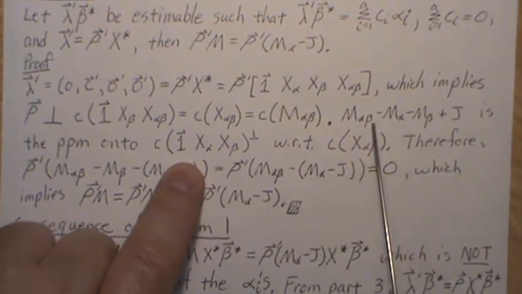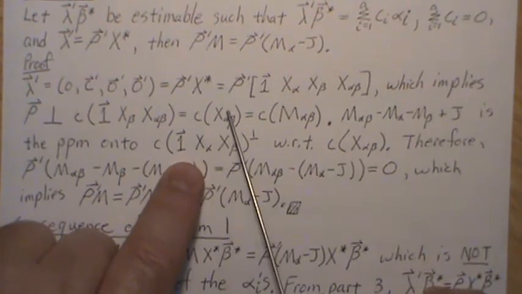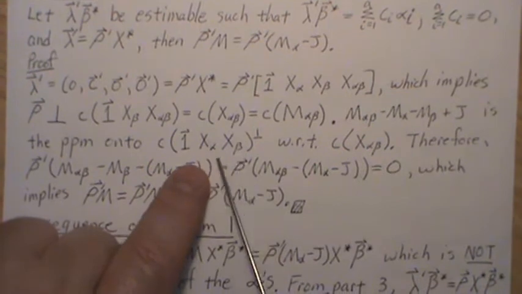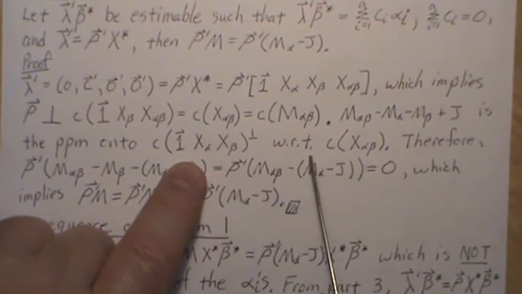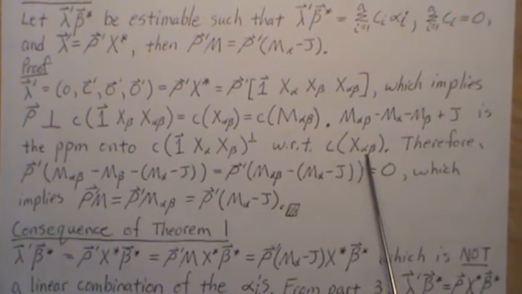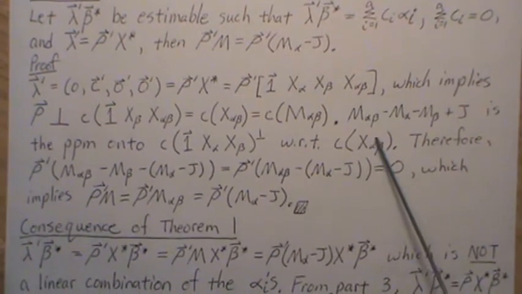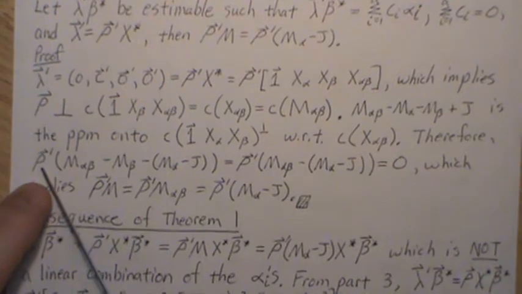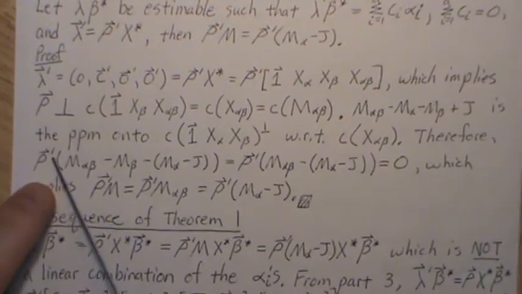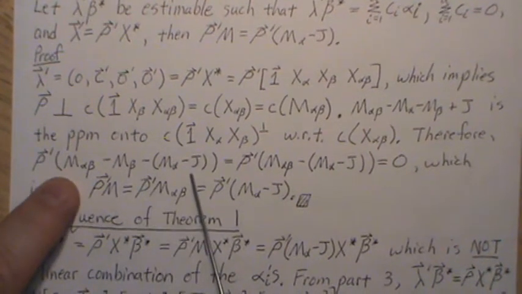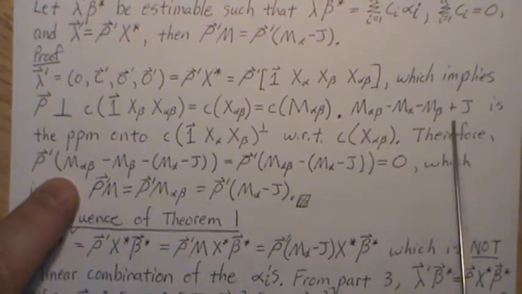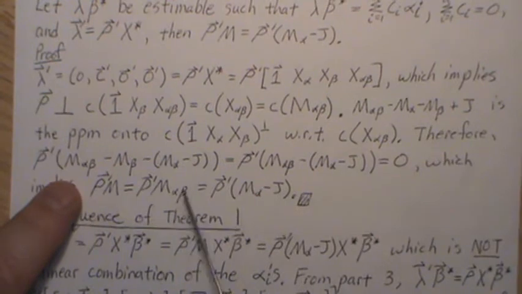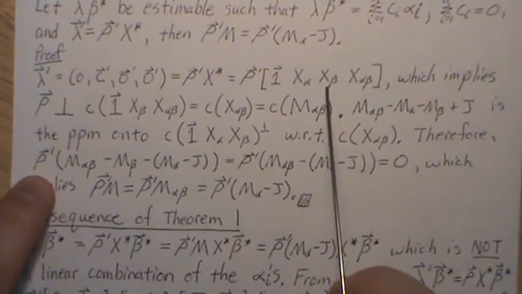So if you take the difference, and this is a subset of that, that difference is another perpendicular projection matrix onto the orthogonal complement space of this with respect to the column space of X alpha beta. Therefore, if we take this multiplication, rho star times this, which is this right here, then we get this, because those are orthogonal.